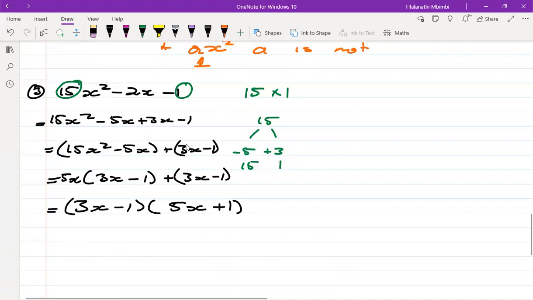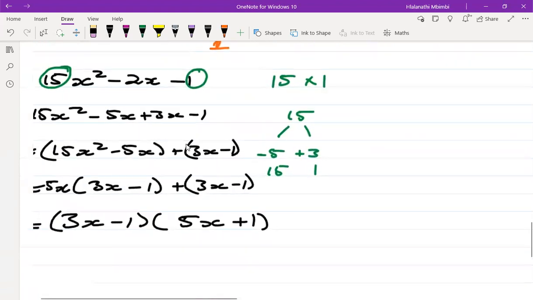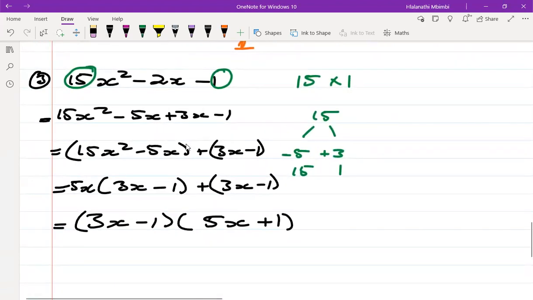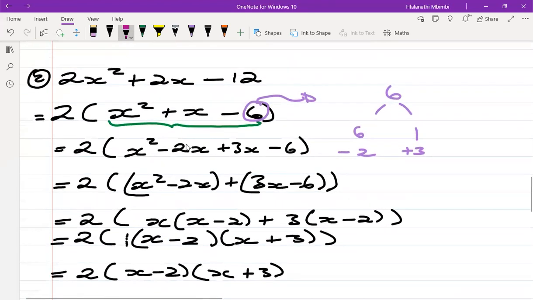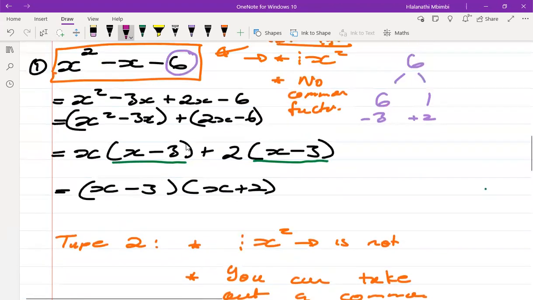Okay. So basically, with the last one, overall, when you realize that you cannot take a common factor and the coefficient of x squared is not 1, which means there's no way that you can make it 1, meaning it doesn't fall into type 1 or type 2.